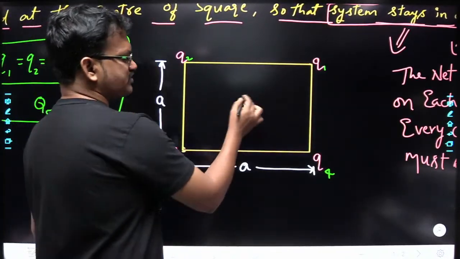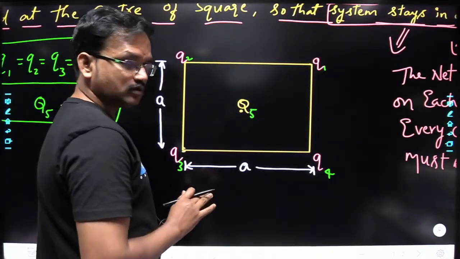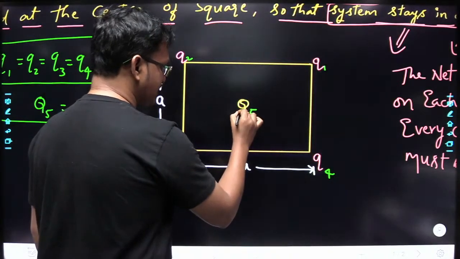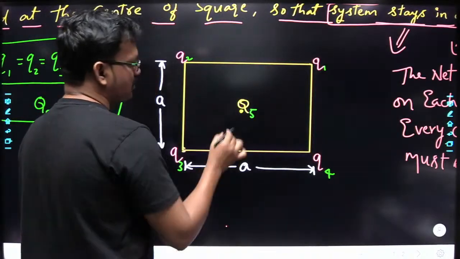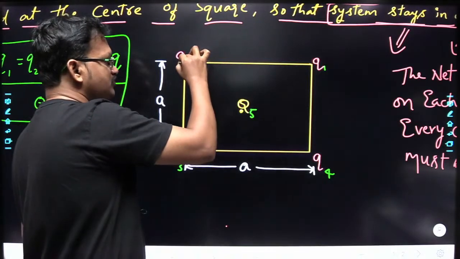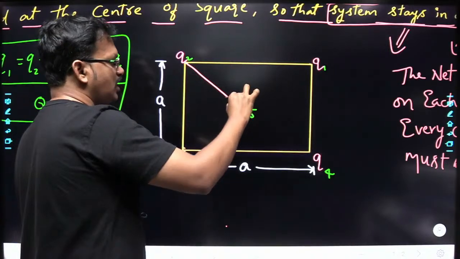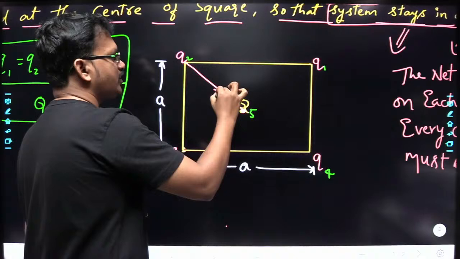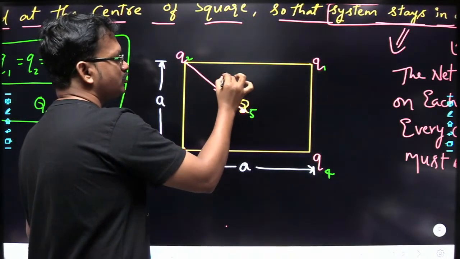What is the net force experienced by this Q5? See, this is exactly at the center, right? Now, the force on Q5 due to Q2 is going to point in this direction. Yes or no? So this is the force on 5 due to 2.